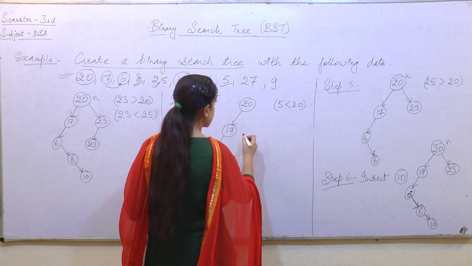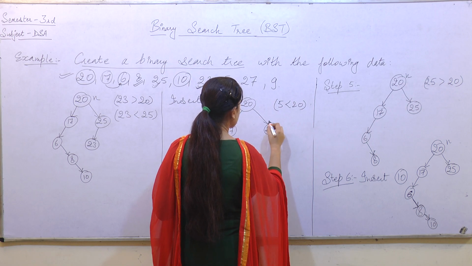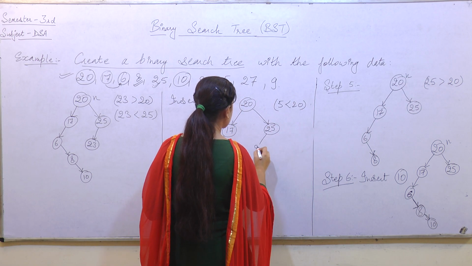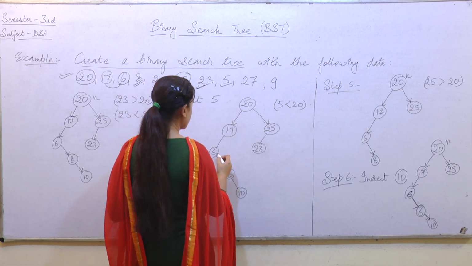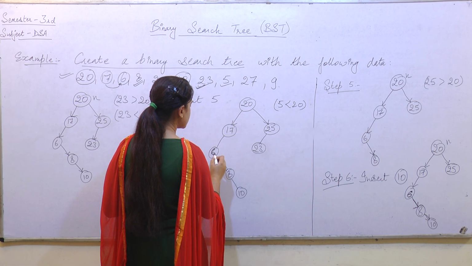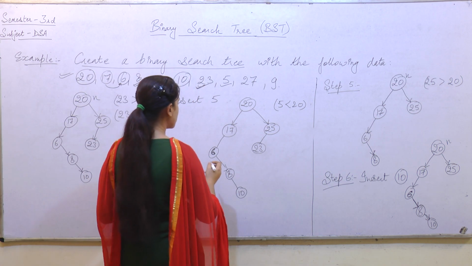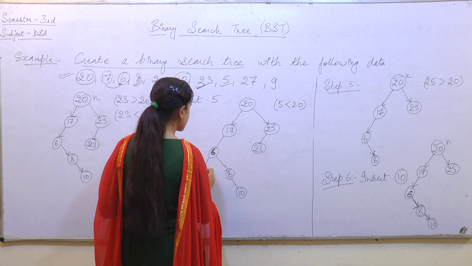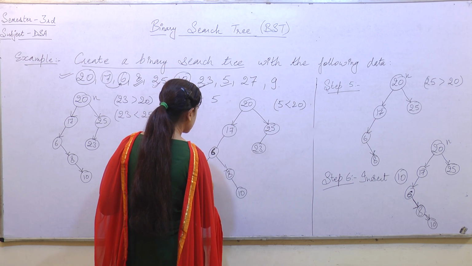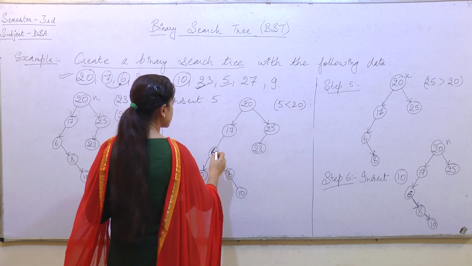Since 5 is less than 17, it will give us the condition to move towards the left side of 17. Then here we will compare 5 with 6. Since 5 is less than 6, that means we will move towards the left side of 6. So we will insert 5 on the left side of our node 6.